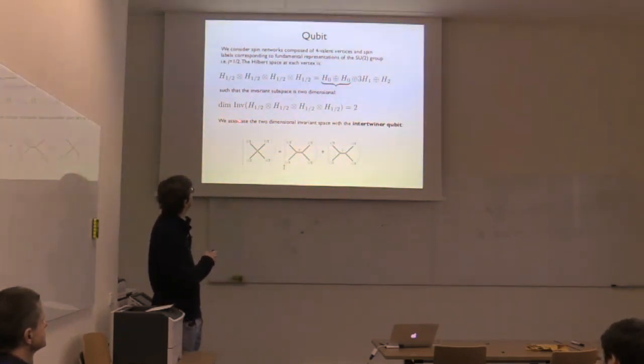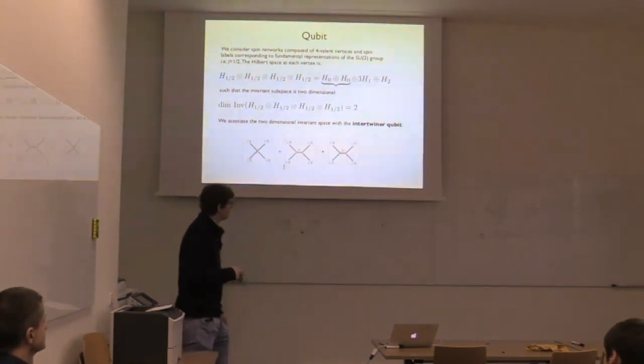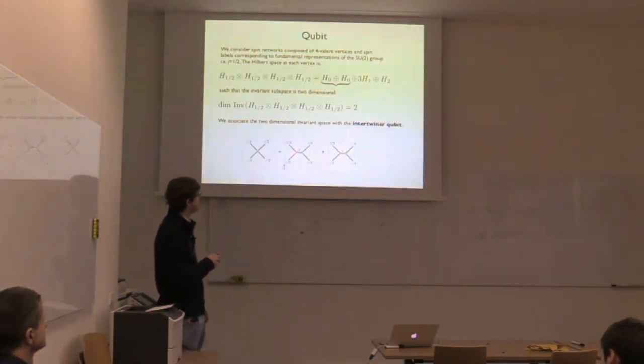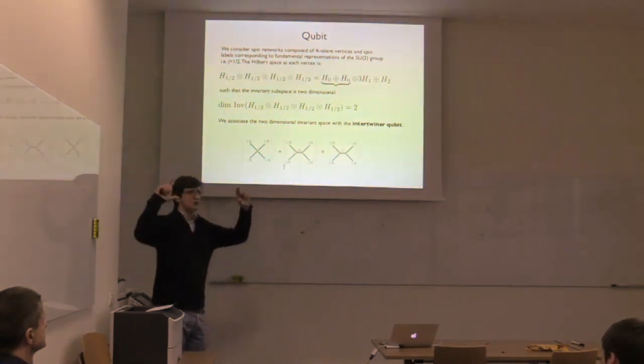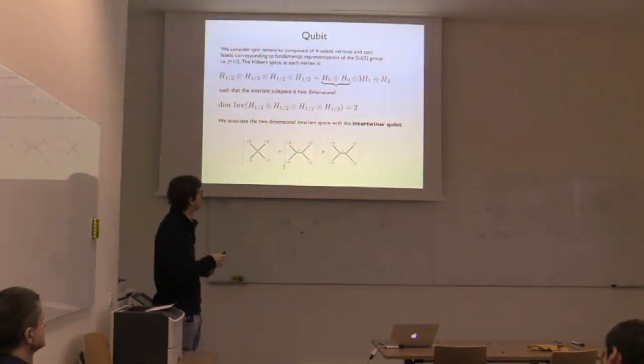Therefore, we say that the so-called invariant subspace of this intertwiner, of this node, is of dimension 2. So this basically means that there are 2 ways to combine the spins. You can take 2 pairs of spin 1/2, and either combine each pair to spin 0 and then merge them, or combine them to spin 1 and then merge them, okay?